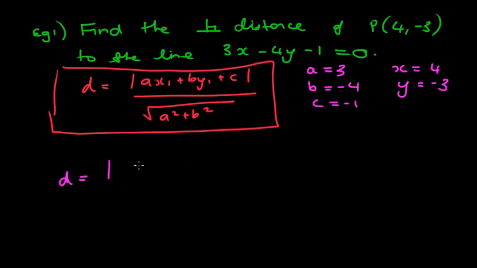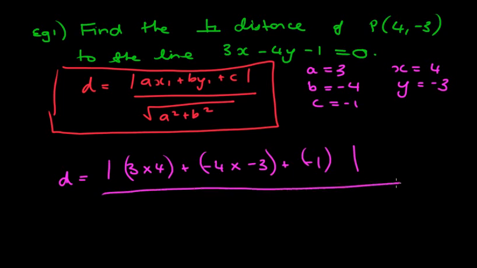So we've got the absolute value of 3 times 4 plus -4 times -3 plus -1. You might want to put those things in brackets so you can see that section of it, and the square root of a squared plus b squared is 3 squared plus, and then b is (-4) squared.